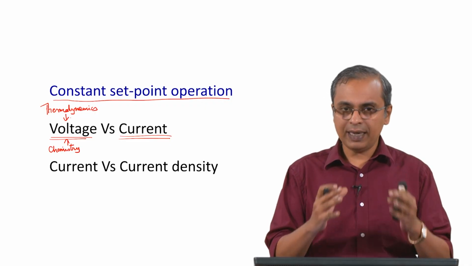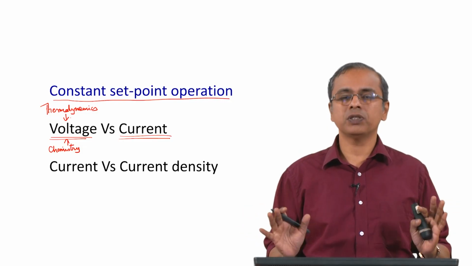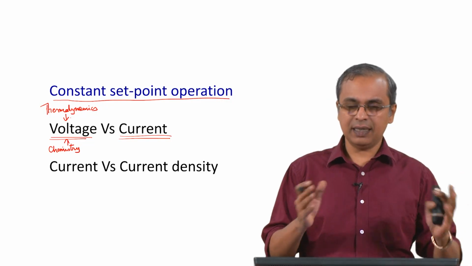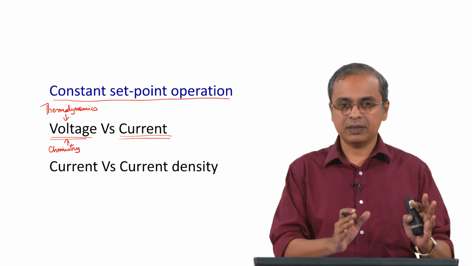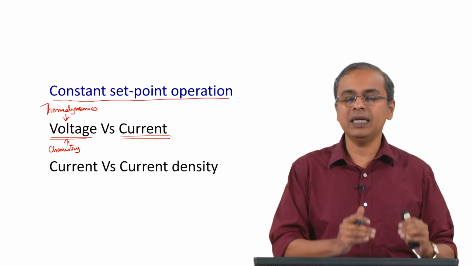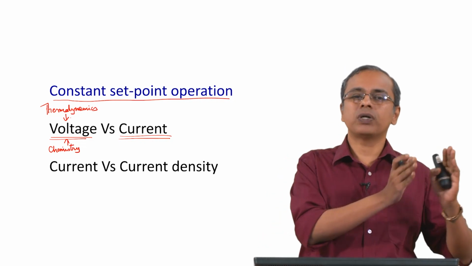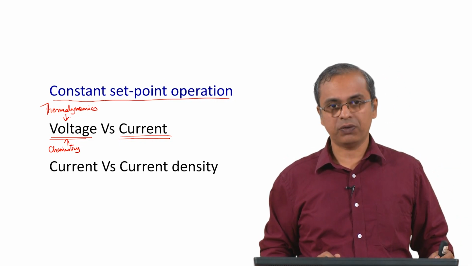So thermodynamics, which basically talks about what is possible, predicts that given nature has certain tendencies, and that relates to the chemistry involved, which talks about which reactants are present and therefore which products will form. So, that is the voltage part of it.